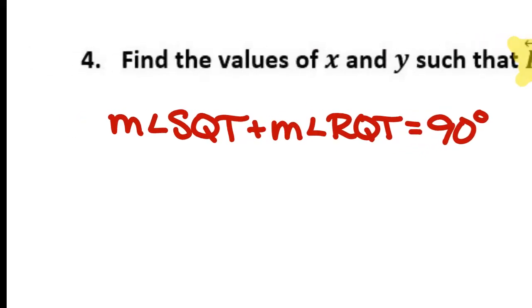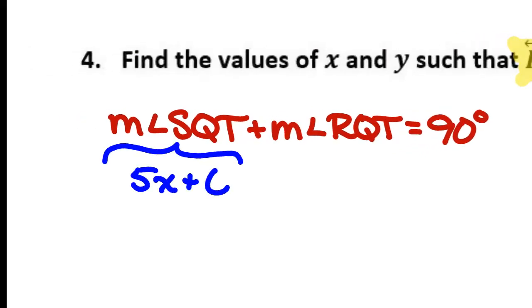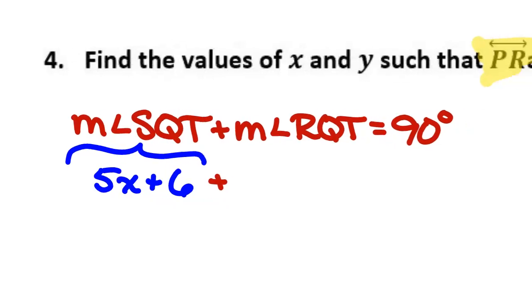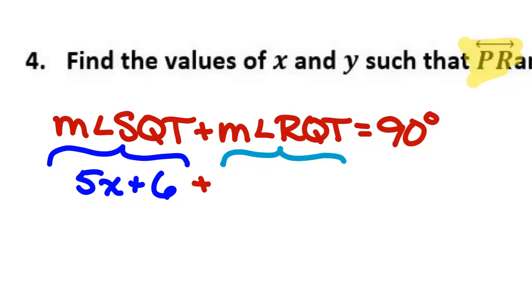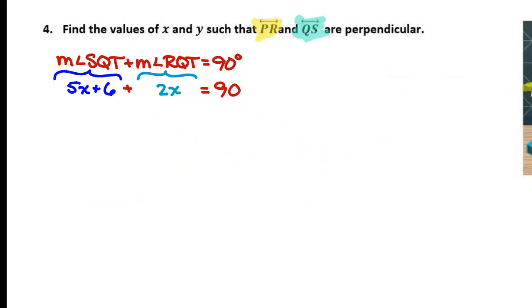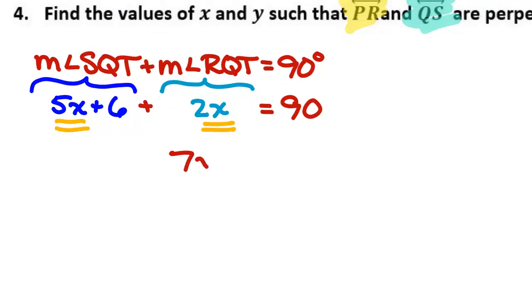SQT is 5x plus 6. And RQT is just 2x. And when I combine those, I get 90. We're going to combine our like terms together. 5x and 2x would give me what? 7x. So 7x plus 6 equals 90.